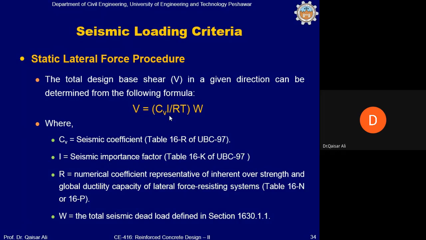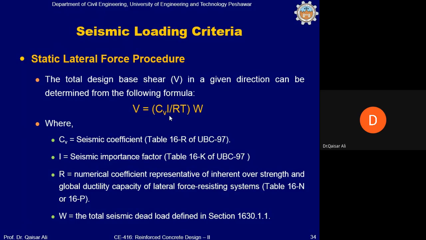So if a structure is being hit by an earthquake, and the structure is of such a nature that the damages are controlled, happen at controlled locations, and do not put the life safety of the occupants at stake, then R can be kept high.